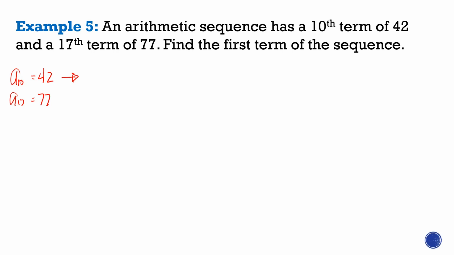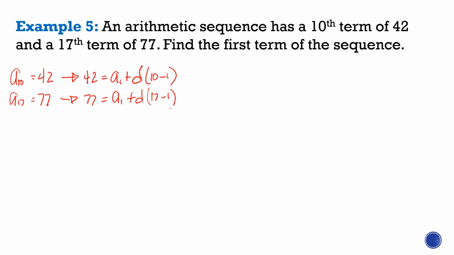So A10 equals 42. Convert this into an equation: 42 equals A1 plus D times 10 minus 1. And 77 equals A1 plus D times 17 minus 1.